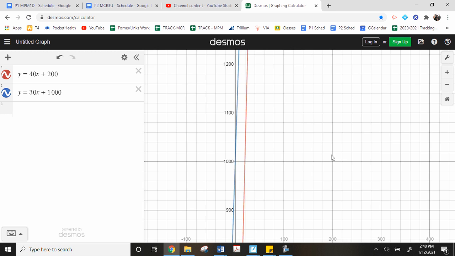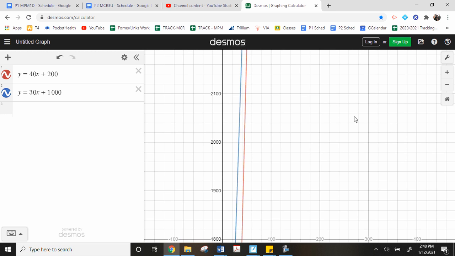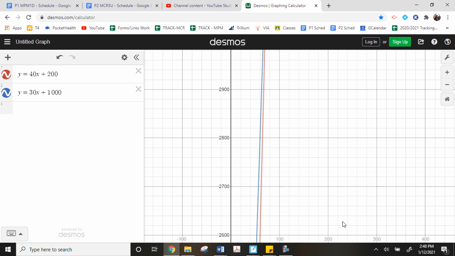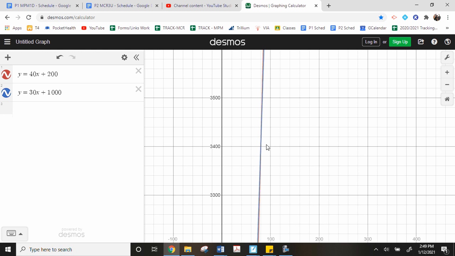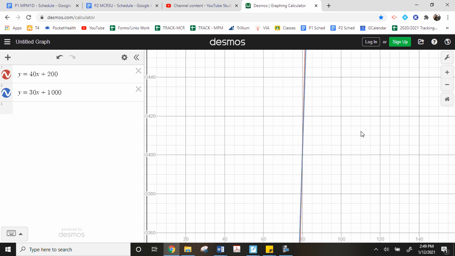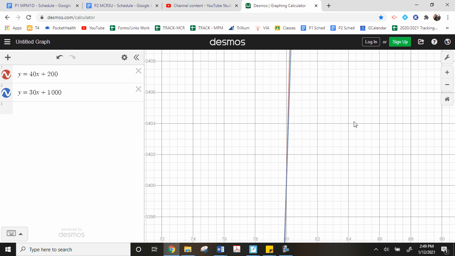It's cheaper to go with red until all the way up here where we start to get to our point of intersection. And I believe that's right there. 80 at 3,400. It doesn't matter which one you go with. So let's zoom into that point of intersection. Zoom in nice and close.